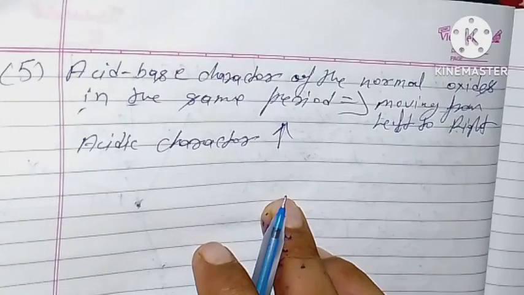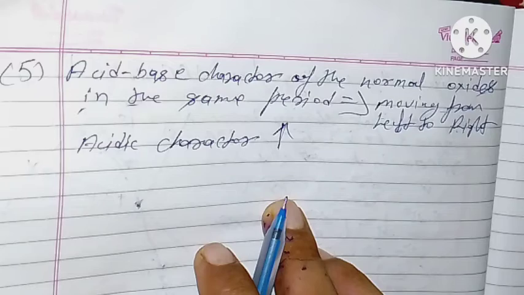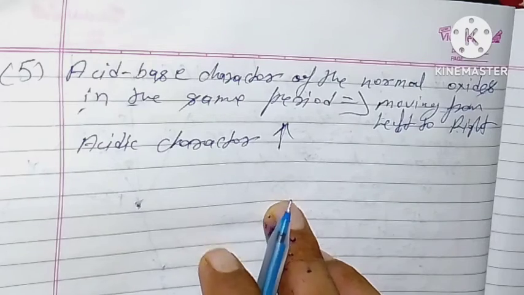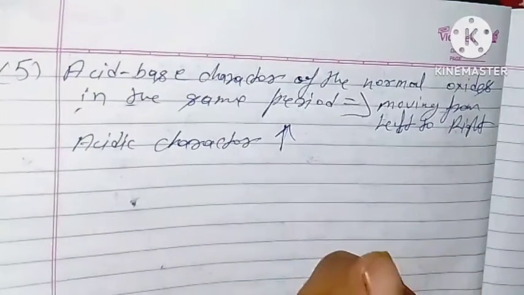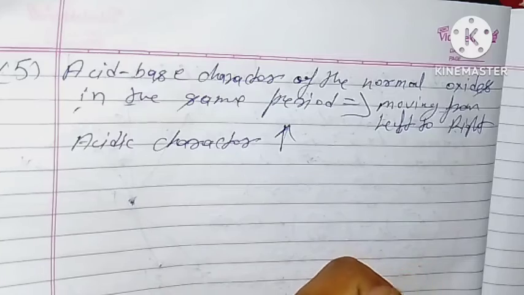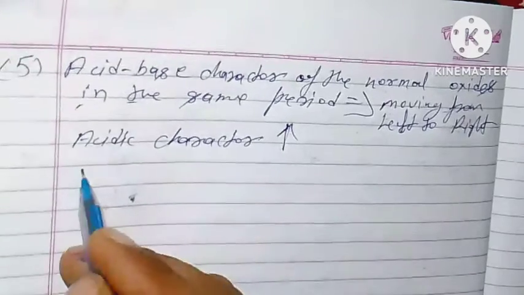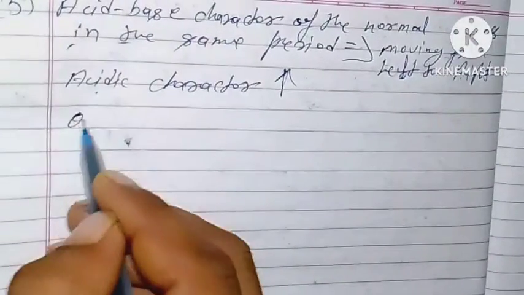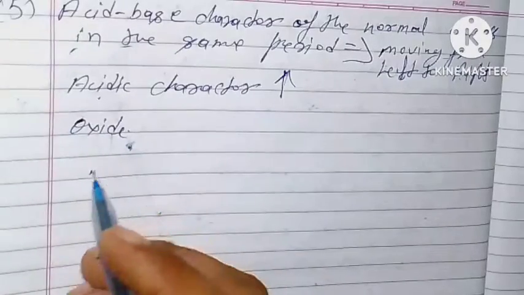The change from strongly basic character to strongly acidic character is due to the increase in the electronegativity value of the elements, chi, and the decrease in the chi minus chi value.